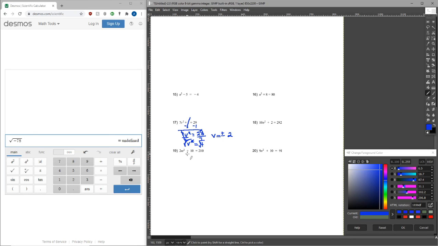Number 19. Remember the variable and whatever's closest to it, so the 2m squared goes last. We have to get rid of that plus 10, so let's subtract 10 from both sides. So 2m squared is the last thing left on that left-hand side, and 210 take away 10 is just 200.